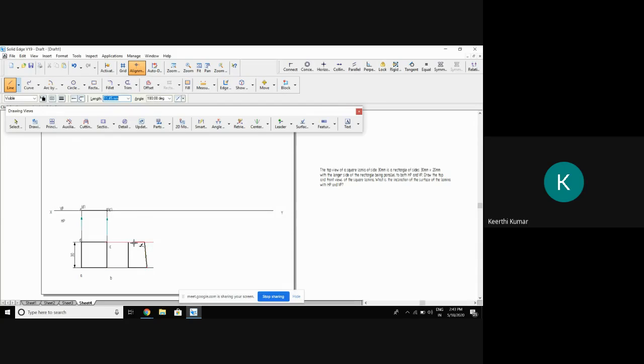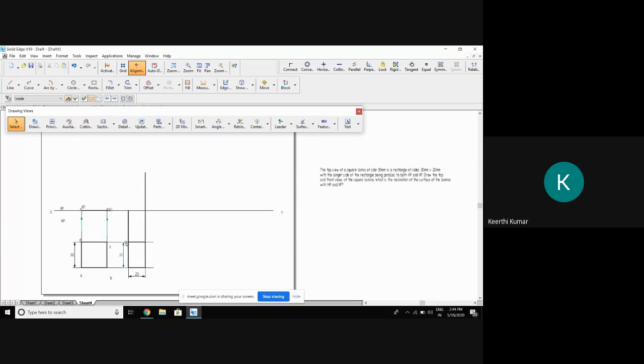He is expecting this 30 is supposed to be 20. So first I'll come, sorry. Make this as 20. So 30 by 30 is reduced to 30 by 20. Take the projection line from here to here.